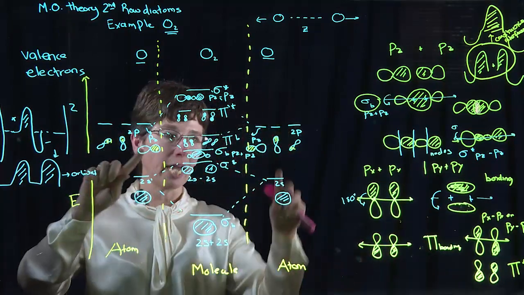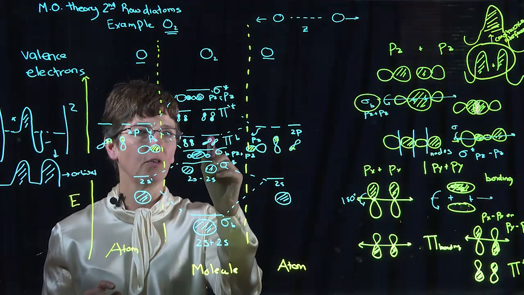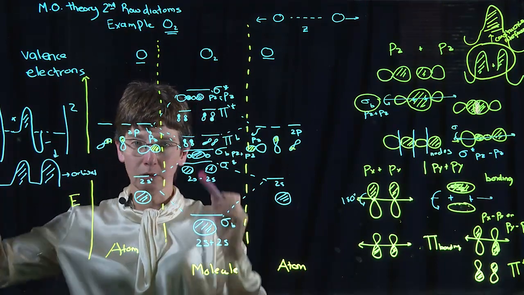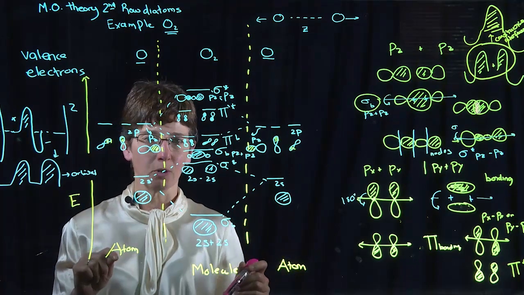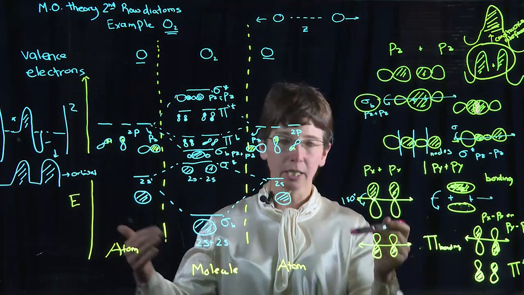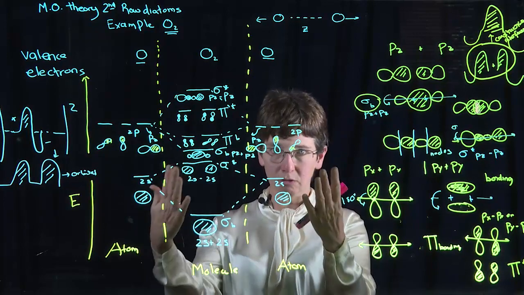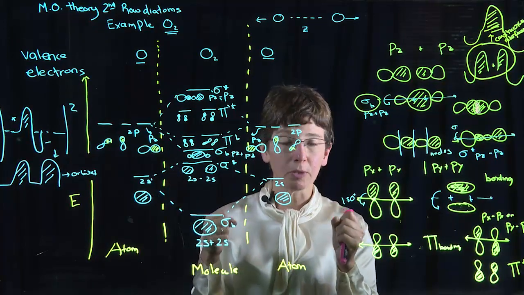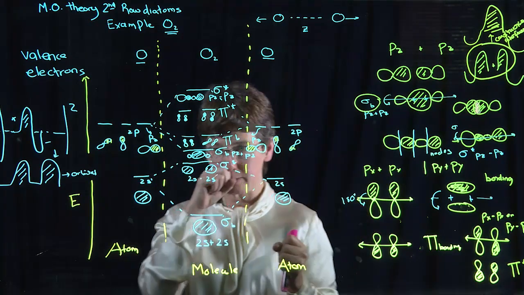We had 8 atomic orbitals. Now we have 1, 2, 3, 4, 5, 6, 7, 8 molecular orbitals. Check. We added and subtracted atomic orbitals of the same symmetry. You saw that here. Check. We only added and subtracted atomic orbitals when they were close in energy, and in fact, since we're working with what we call a homonuclear diatomic molecule, they were exactly the same in energy.